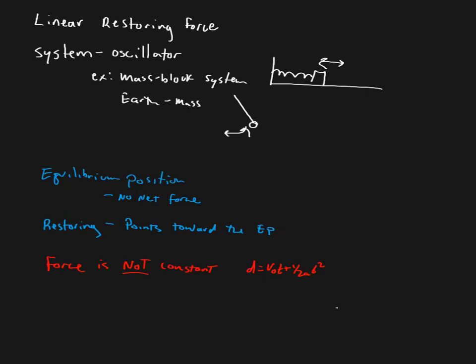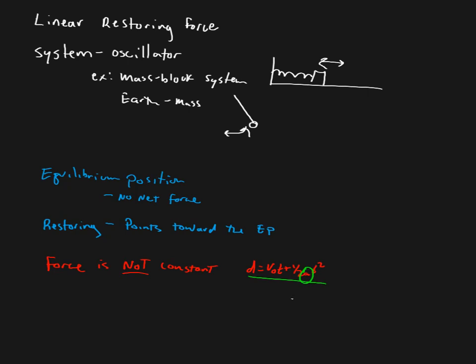But all of these equations that we learned back in kinematics earlier are not going to apply because of this. The acceleration was constant acceleration. So it wasn't changing in time because the force was constant. So for example, if you drop something, it's going to fall with a constant acceleration of 9.8 meters per second squared.